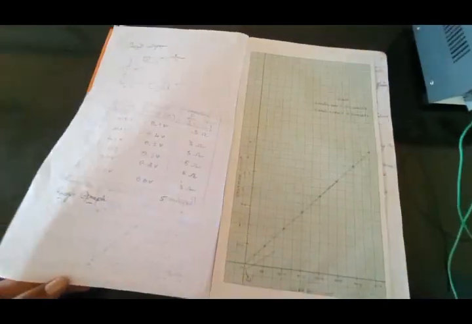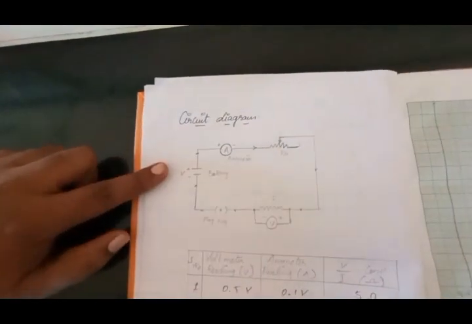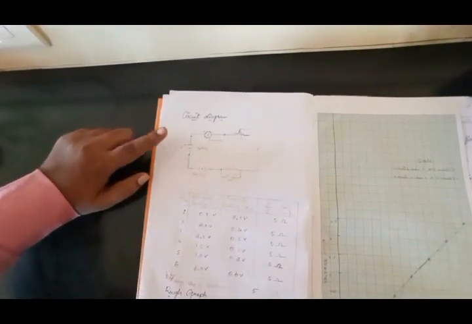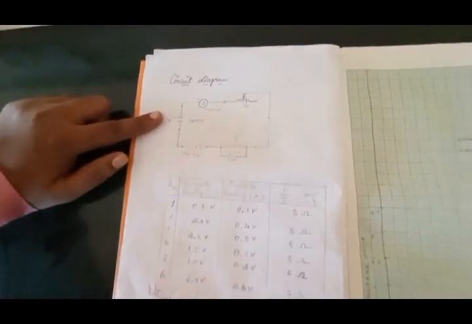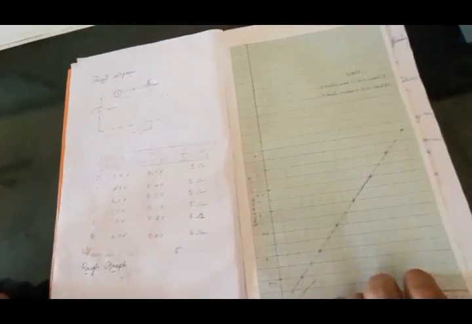Then to the left side of the observation, draw your circuit diagram. Below the circuit diagram, draw the tabulation column where we will enter the readings. After that, draw the graph.